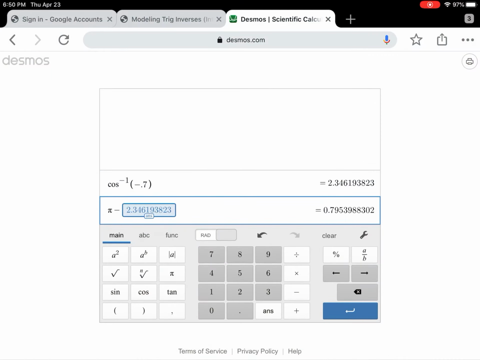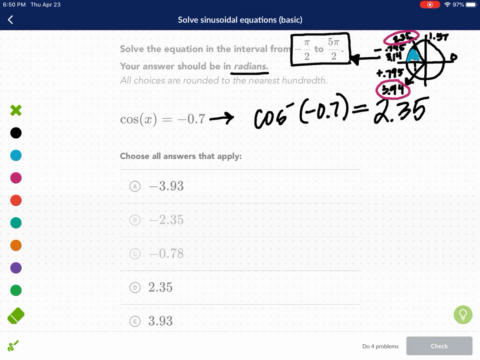Now let's kind of go back to that domain and let's find the angles within that domain. So I'm going to draw the circle again and just kind of mark off what that domain actually is. That domain starts down here at negative pi over 2. It comes up here to 0.